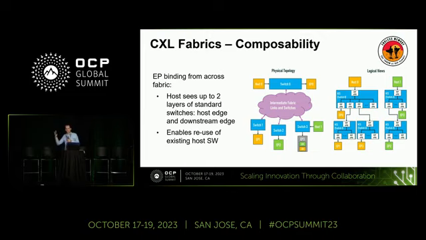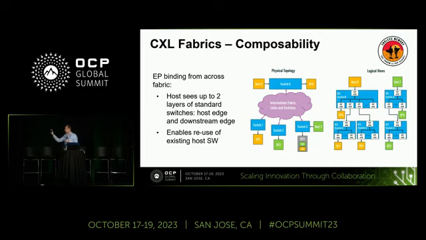And all of the intermediate fabric links and switches, all of that complexity and hardware topology, is obfuscated from the host. It just needs to worry about what looks to it like standard PCIe switching on up to 2 levels in a tree-based fan-out. And this allows us to reuse decades worth of software on the host for navigating this topology.